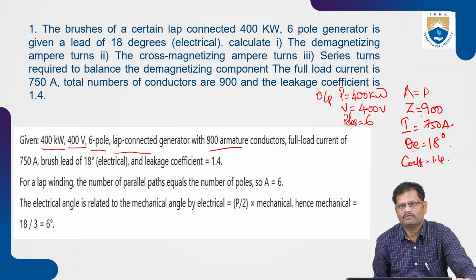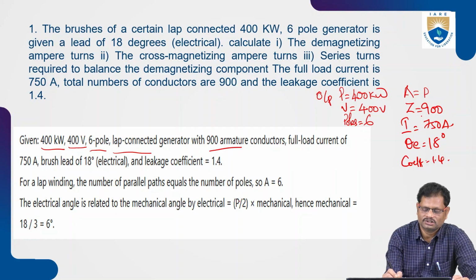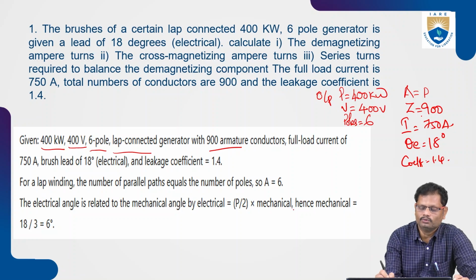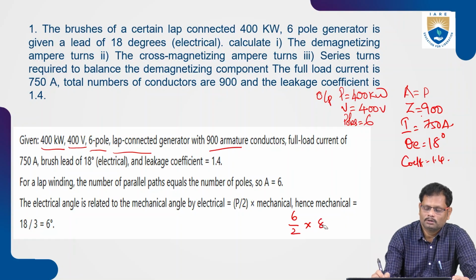For lap winding we know A equal to 6, so the electrical angle is related to mechanical angle as theta E equals P by 2 into theta mechanical, where the number of poles are 6, so P by 2 is 3 and theta E is 18 degrees. So the mechanical angle is 6 degrees.